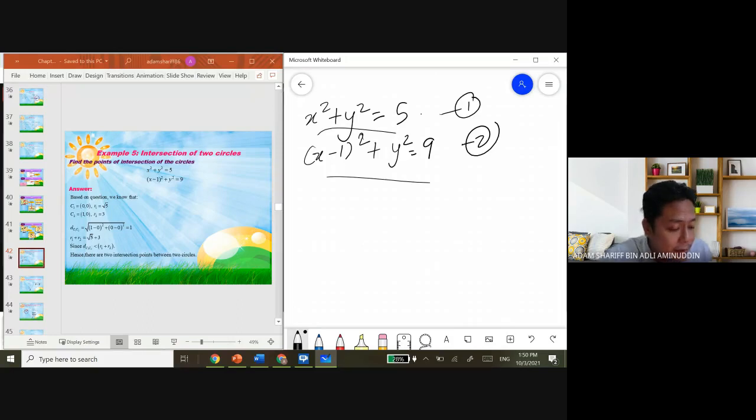Based on the previous knowledge just now, you should already be able to identify what is the center and also the radius for both of these circles. Okay, but the question state otherwise. This question say find the point of intersection. So our strategy is to try to solve simultaneous equation.